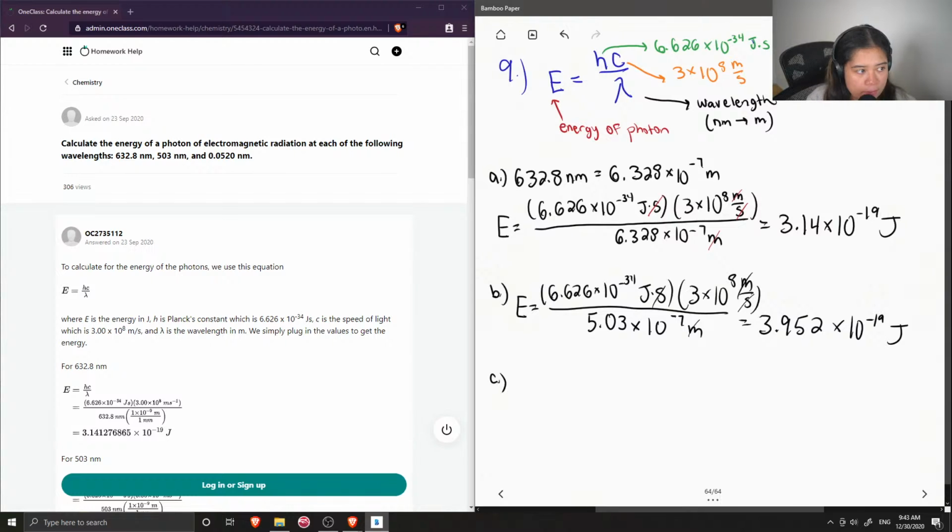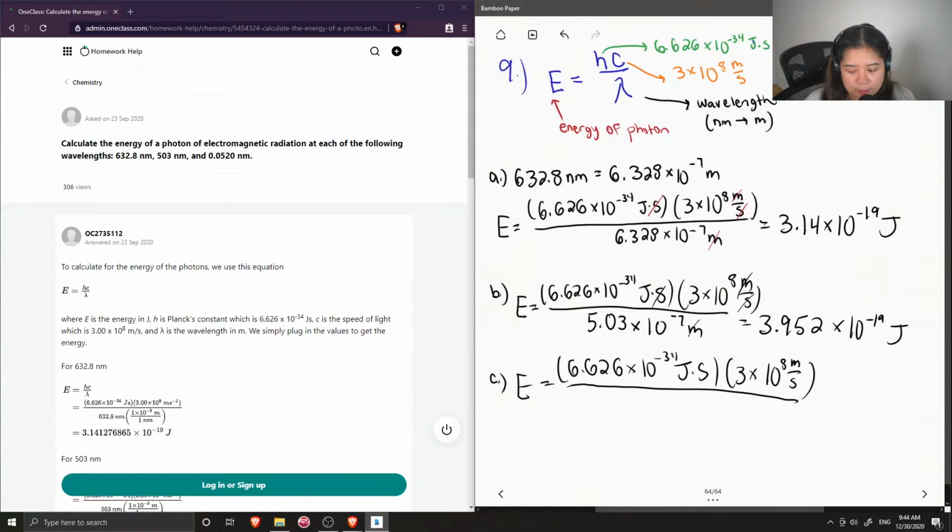And then lastly for C, let's write out the same thing. And then converting 0.0520 nanometers to meters, we get 5.2 times 10 to the negative 11 meters.